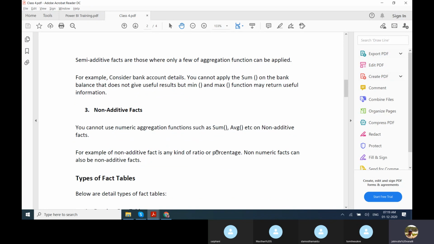You cannot apply sum or average on a ratio or percentage. Non-numeric facts can also be non-additive facts.